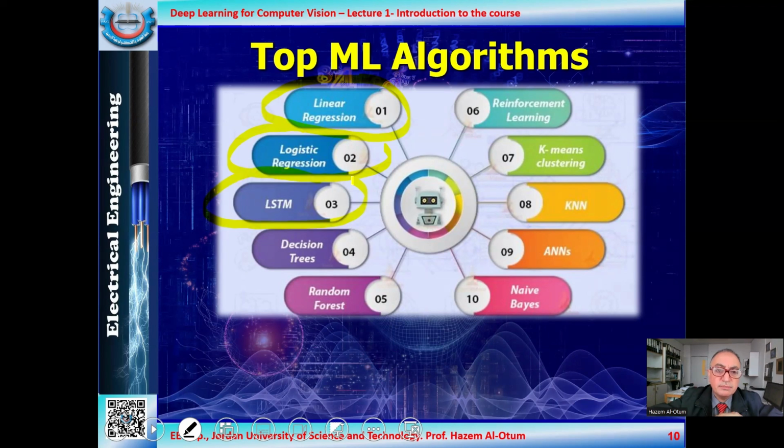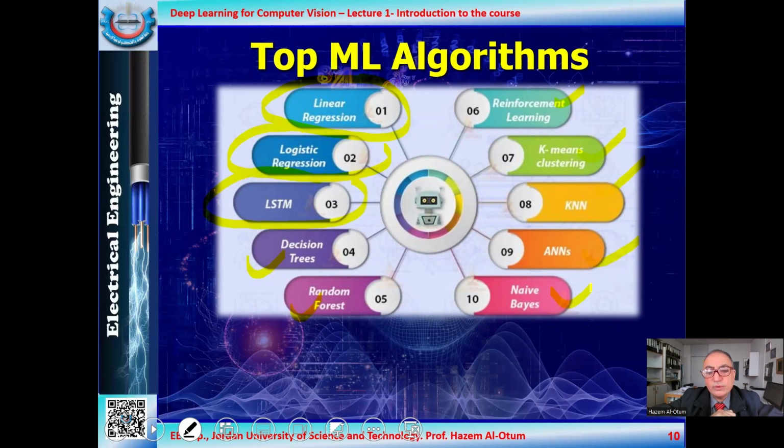These are basic ML algorithms that we'll talk about later on. Then we'll go to some advanced tools or techniques like decision trees. We'll take random forest. We'll talk about reinforcement learning, learning from errors or from mistakes. Then we go to the k-means algorithm, nearest neighbor algorithm, enhanced artificial neural networks, and naive Bayes.